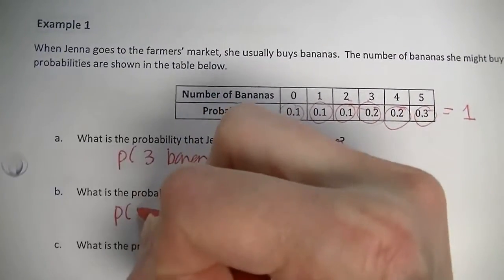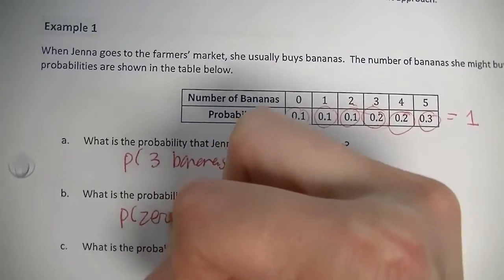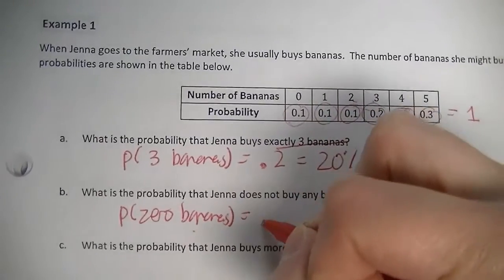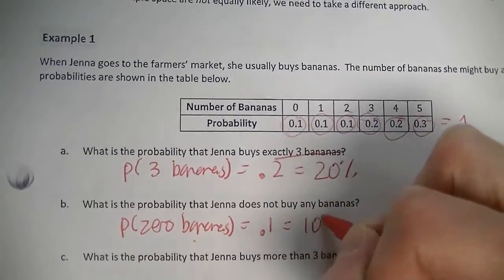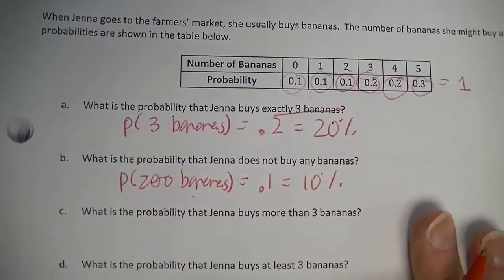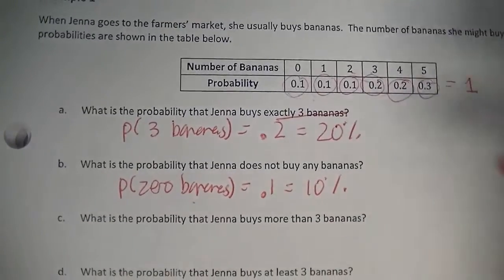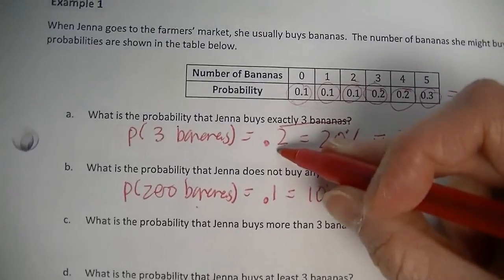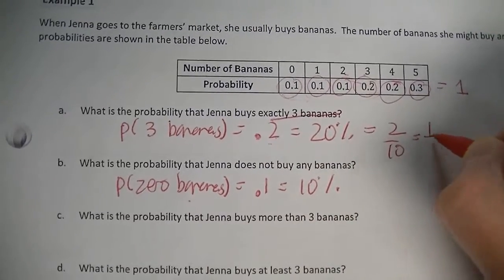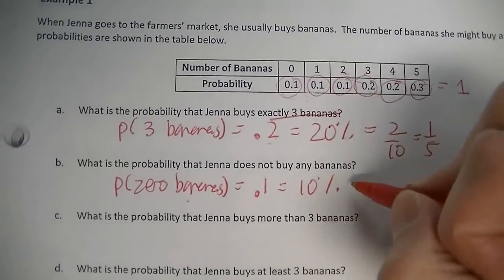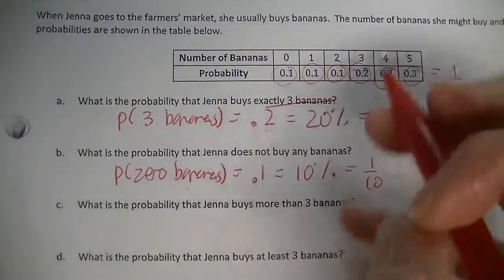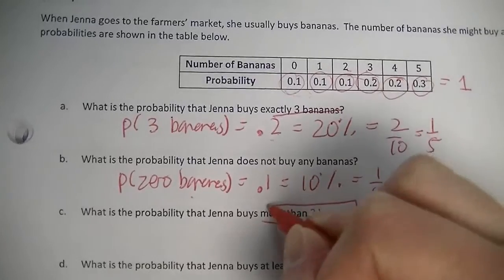So probability of 0 bananas is 1/10, which is 10%. I can also write these as fractions. So this is 2/10, which I can simplify down to 1/5. This right here is 1/10, which is already simplified.